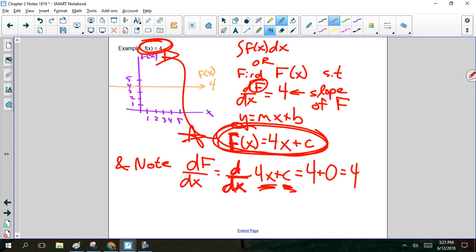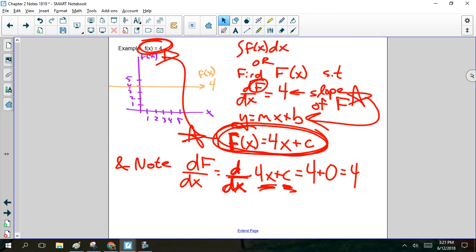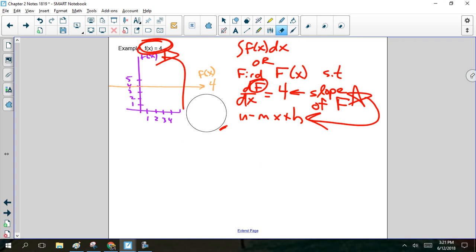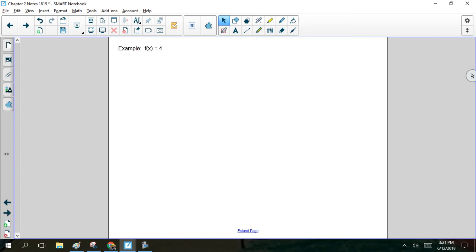Now, the other way we could have done this, notice I kind of did this conceptually. I said, oh, well, it's got to be the slope, right? And then I went to geometry and used the equation of a line, right? Now, the way a mathematician would do it is they would say this.